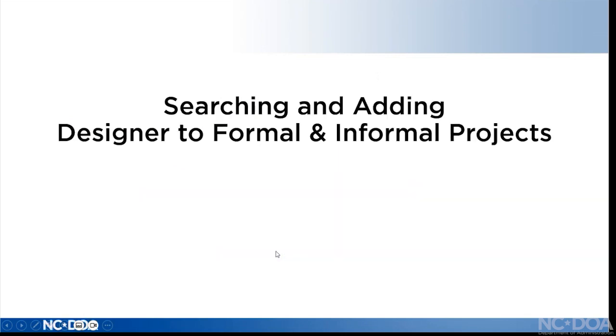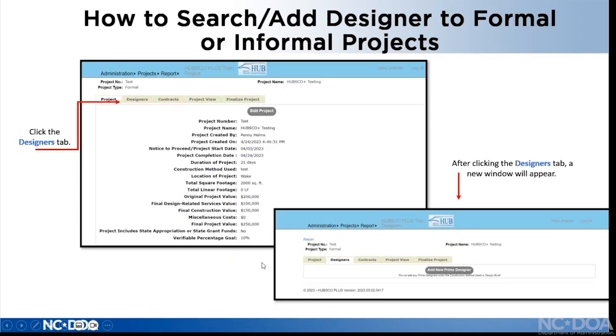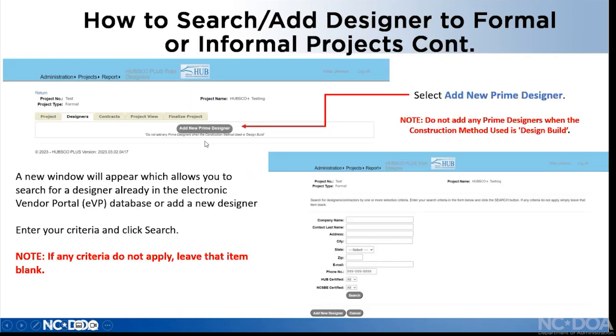Searching and adding for designers, you would go into the designer tab, and you'd click add prime, new prime designer, and it would show a blank screen here, and it shows the company name, contact information, address, all of that. You don't have to add all of that in there.